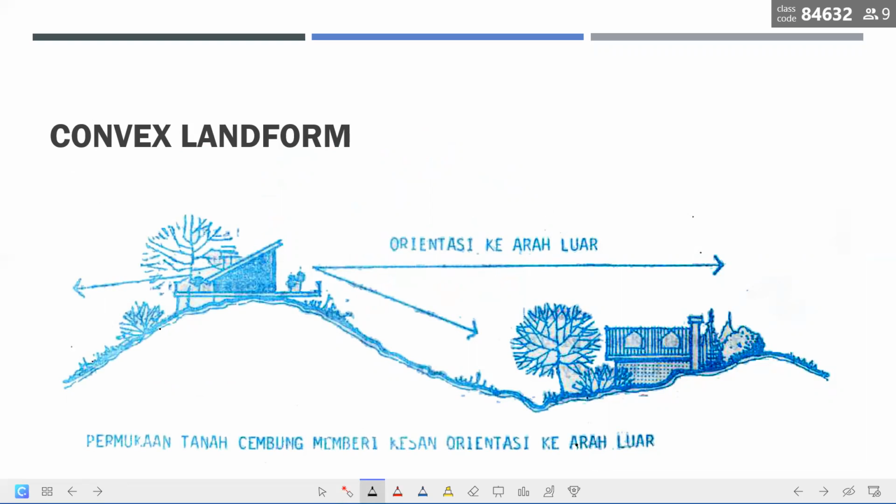With the convex landform, you have an outward visual orientation, whereas in a concave area here, the visual orientation is generally more inwards and more concentrated to a certain point. Therefore, convex landforms are suitable for lookouts, lookout points, whereas concave landforms may be for more centralized activities.